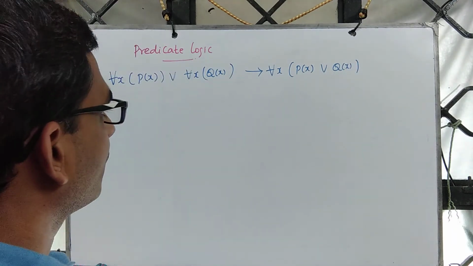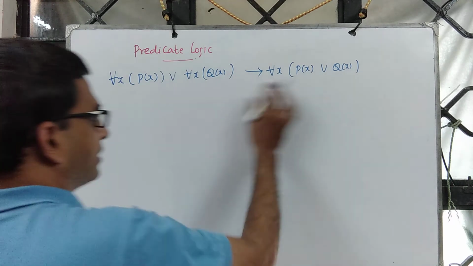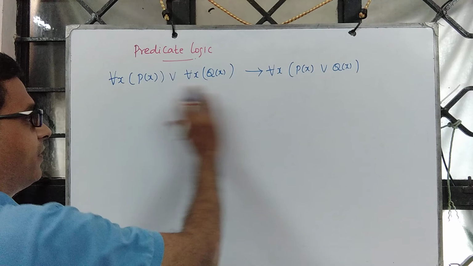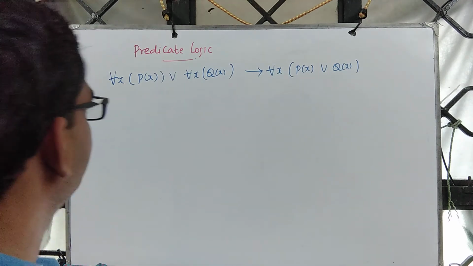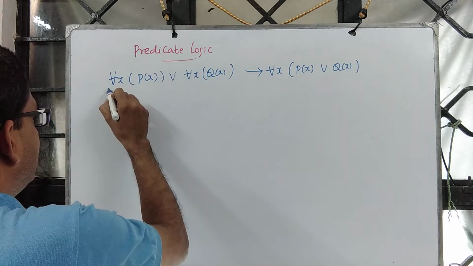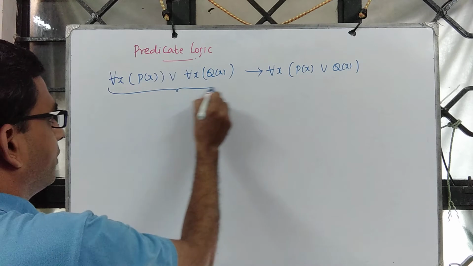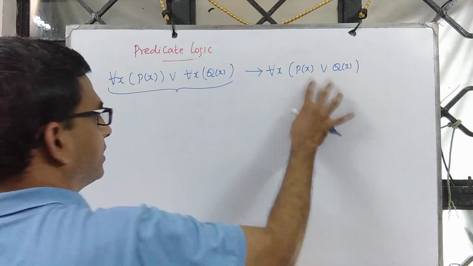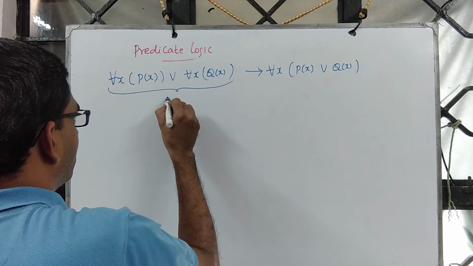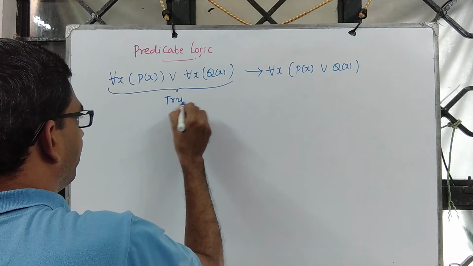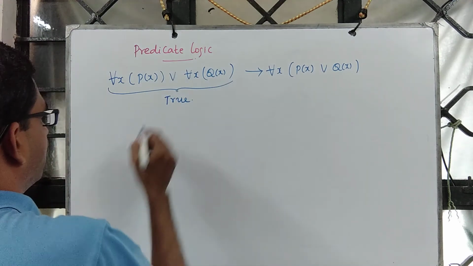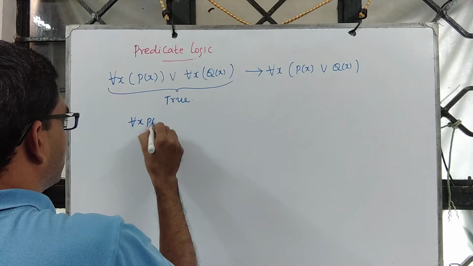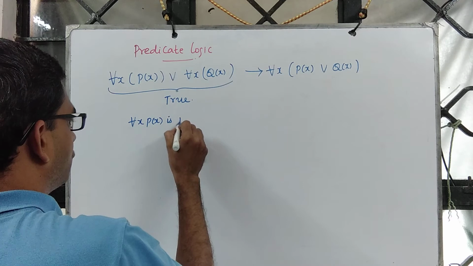Okay. So this direction was false; we established a counter example. Let's verify whether this direction is true. This being true, does this imply this? Suppose this one is true. Then what are the possibilities? For all x, P of x is true.